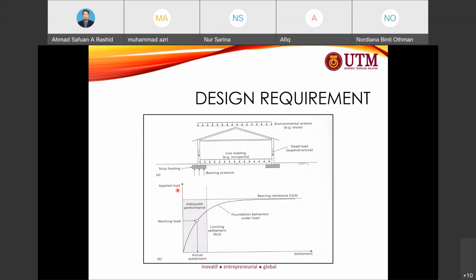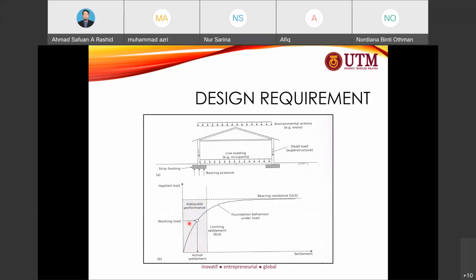So due to the load applied, we have this kind of curve, which is the load versus settlement curve. In this gray area, it is related to the limiting settlement and the working load that we apply on the structure.